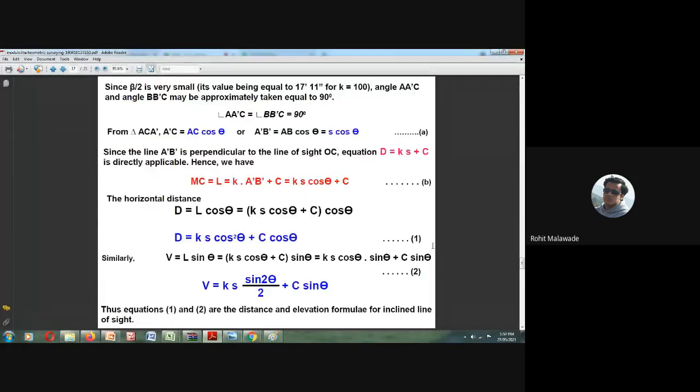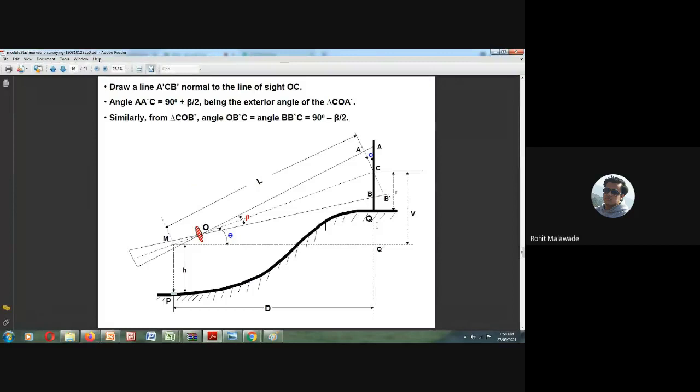Now what we want is the height of this particular point q. So p plus h minus v and minus r. Elevation of point p plus h gives us the height till this. But what we want is the height till this, so it will become minus v and minus r.